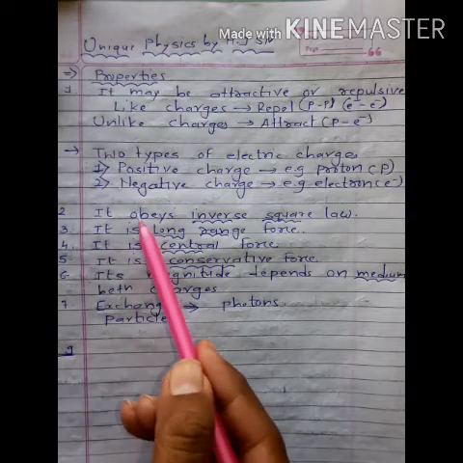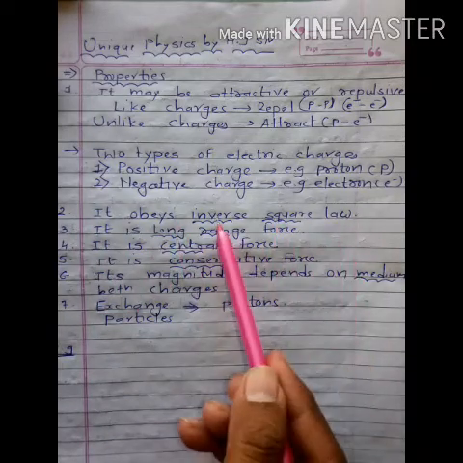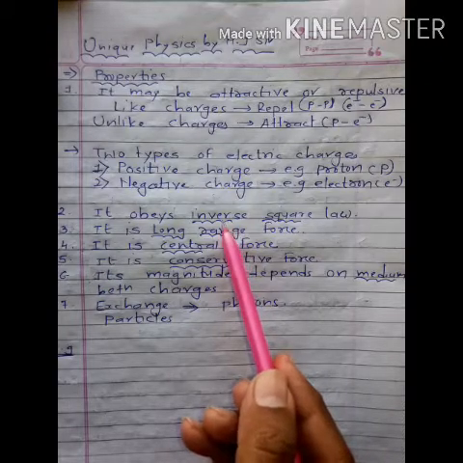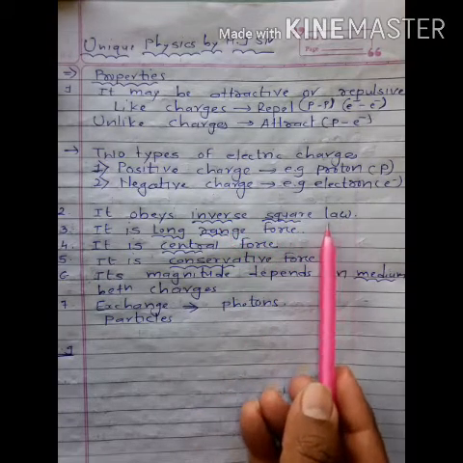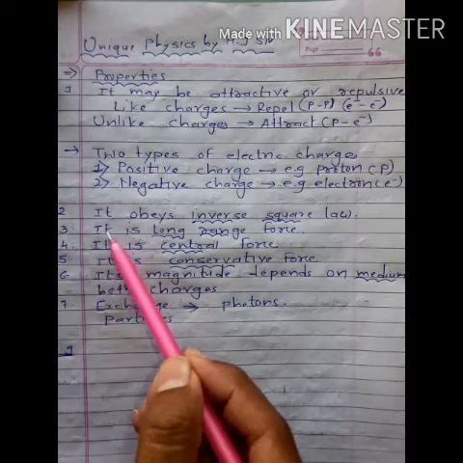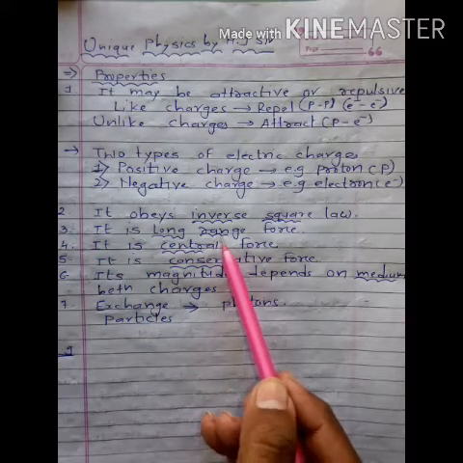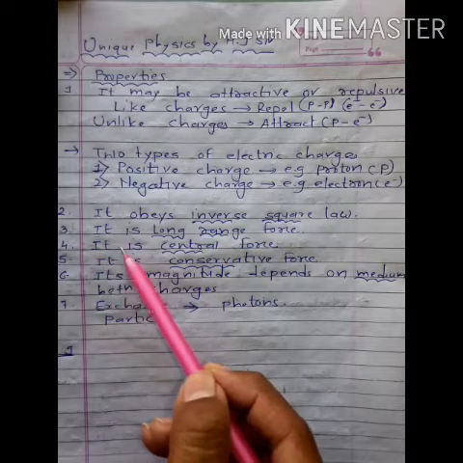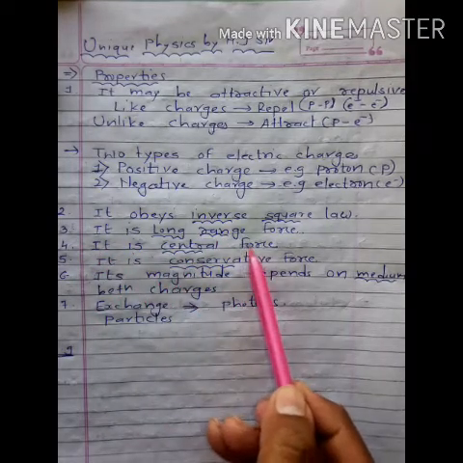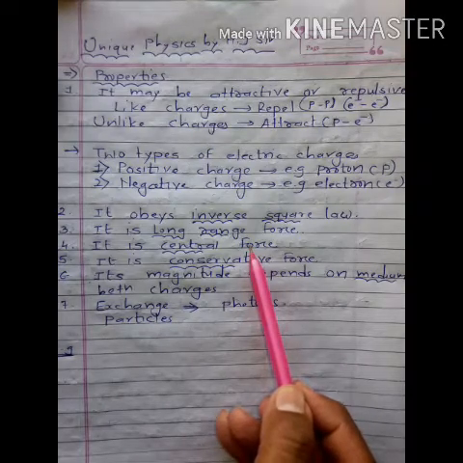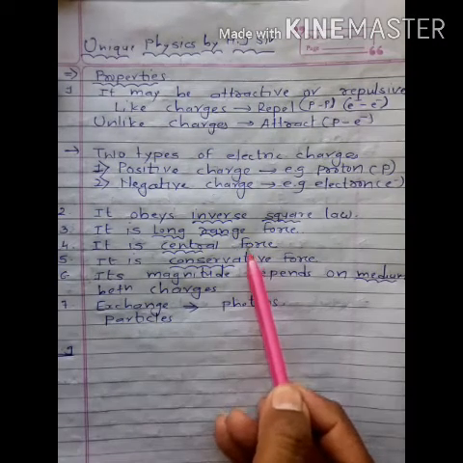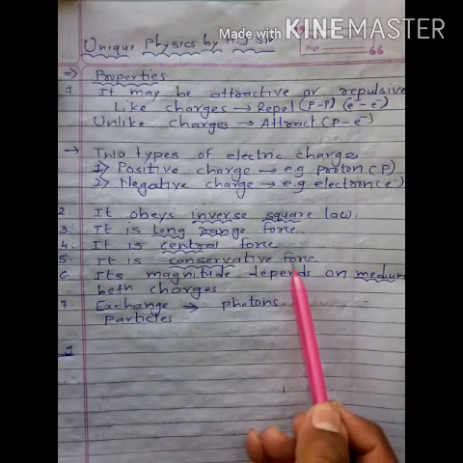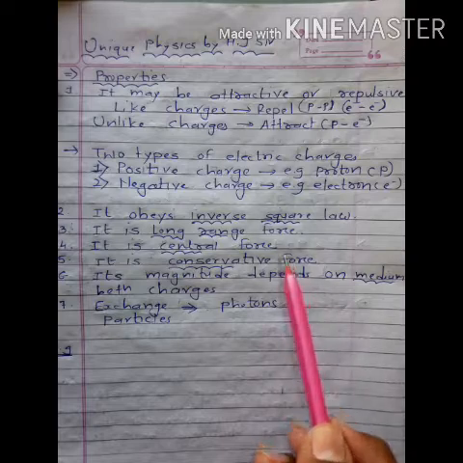Second property, it obeys the inverse square law, because we know that F is proportional to 1 upon r square. Third property, it is a long range force, as is gravitational force. Fourth property, it is a central force, because this force acts towards the center of the charged particle. Fifth property, it is a conservative force, as is gravitational force.